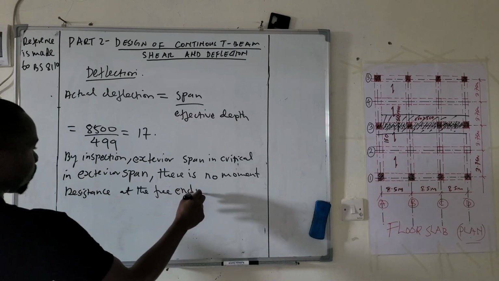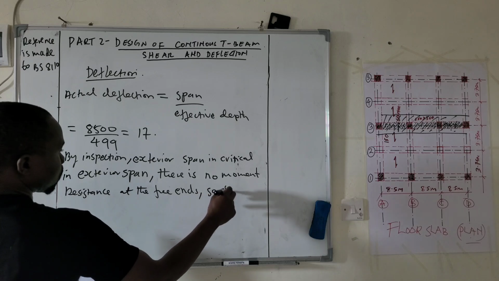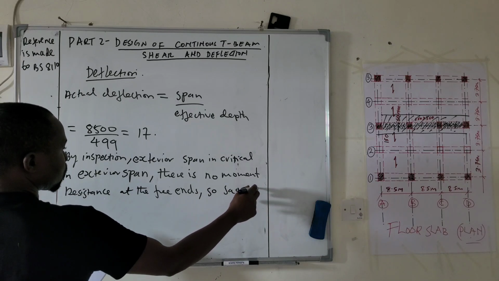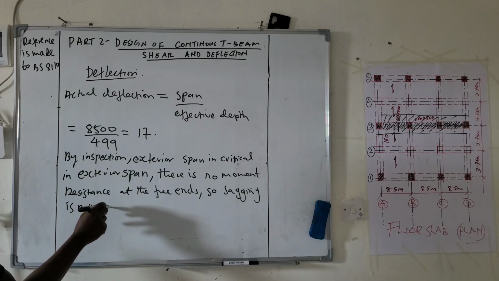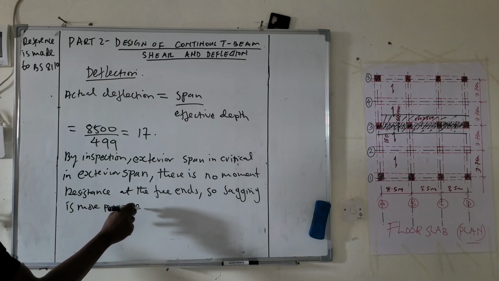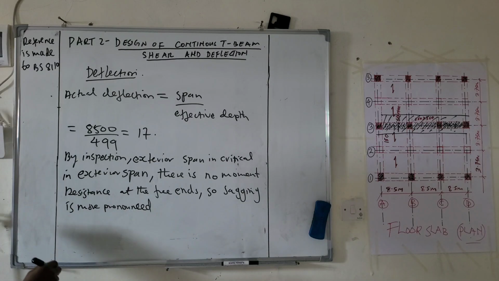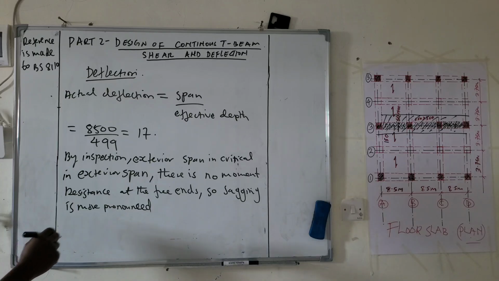So sagging is more pronounced, increasing deflection.